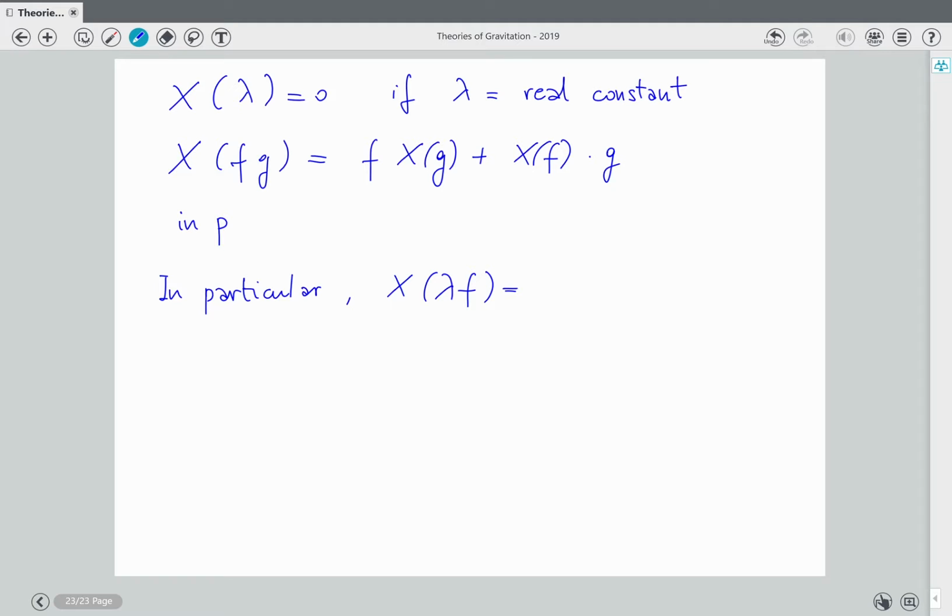If you apply the Leibniz rule, the third assumption, you will get lambda X of f plus f X of lambda. But if you apply the first assumption, X of lambda is 0. And so you can take the constant out of the derivation.